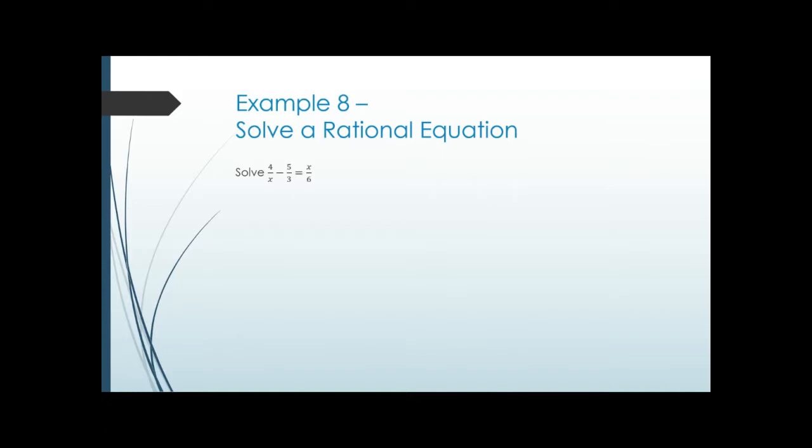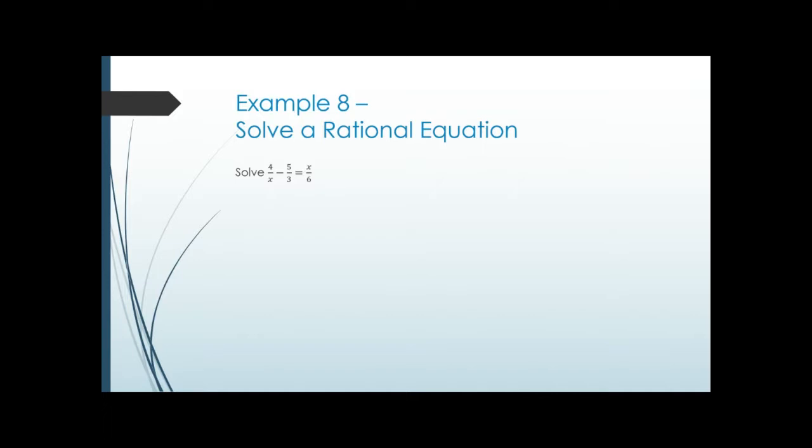But I only do that if it's really simple, like there's just an x and a 3. If I have things in the denominator like x plus 2 or x minus 5, then I won't do that method. But here, these are simple enough that I would make this a proportion so that I can just cross multiply. So I'm going to get the left side to have a common denominator, which would be 3x.